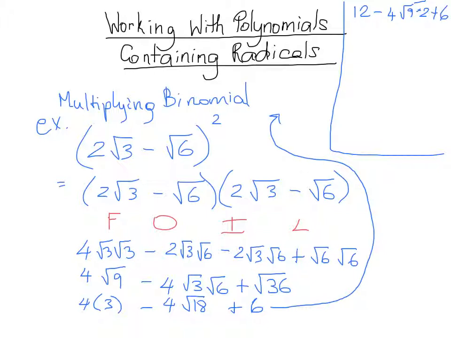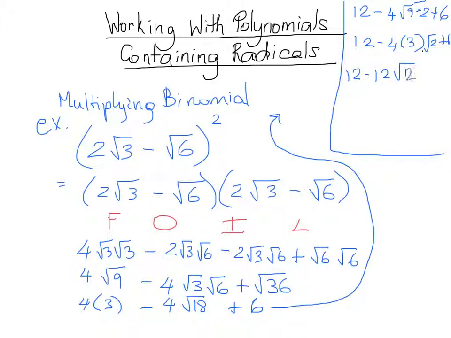So we have 12 minus 4 times 3, and I'm getting that 3 from here, the square root of 9 is 3, times root 2, plus 6, which is equal to 12 minus 12 root 2.